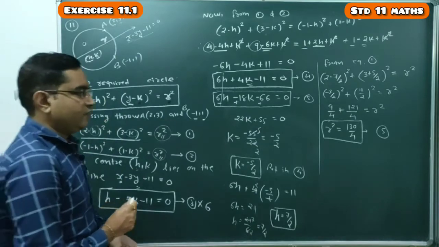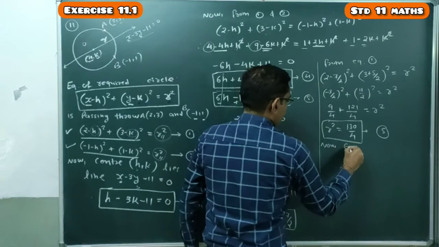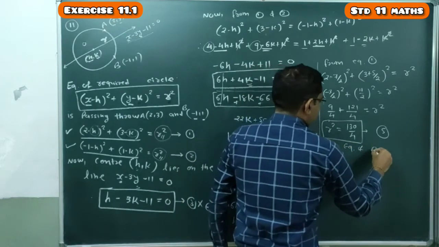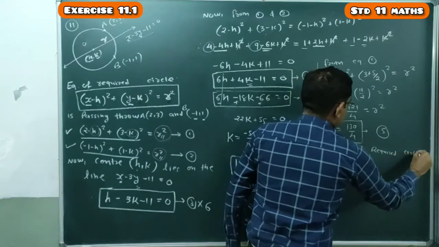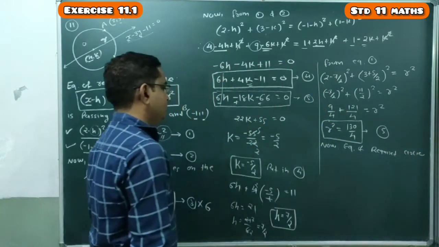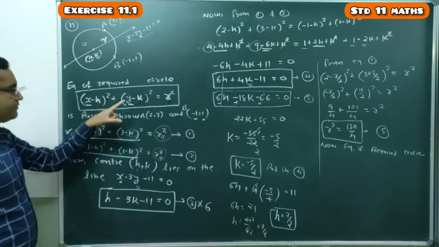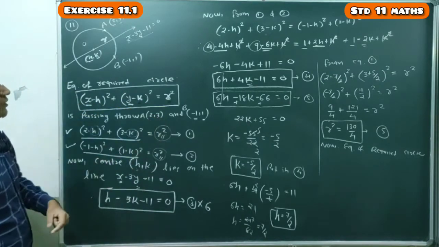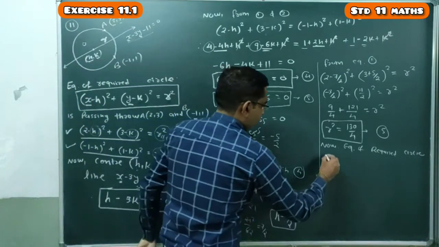So now we can write the equation of the circle. So now we are getting our answer. Now the equation of the required circle. We have to write this equation. In this equation we will put the values of h, k and r square. So the equation is x minus h, and h is 7 by 2.